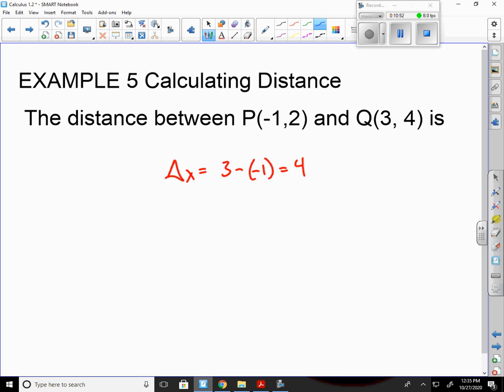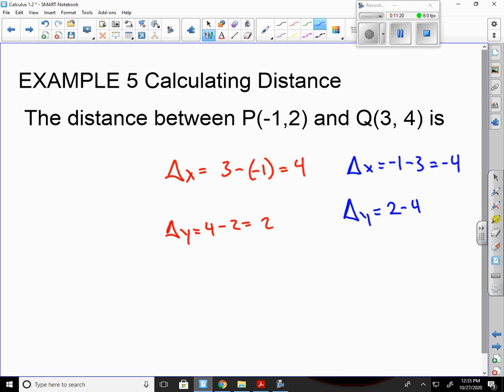What if it's backwards? That's a great question. Even if it's backwards, delta x would be -1 minus 3, which would give me -4. You're going to find out why that doesn't matter. Delta y, 4 minus 2, which is 2. Or it could have been 2 minus 4, which is -2.